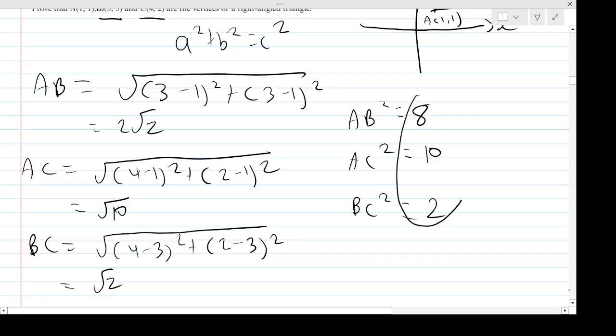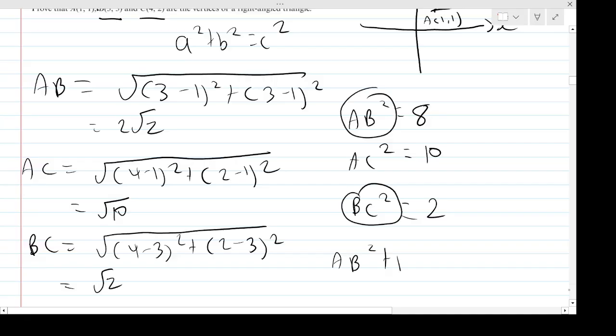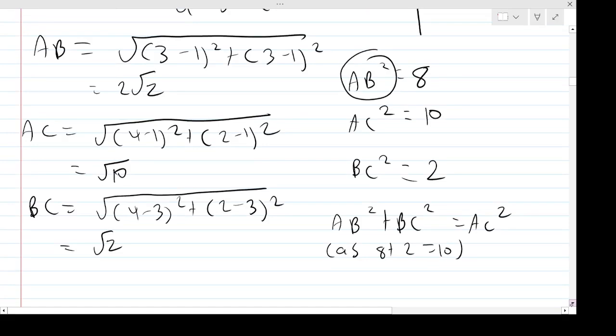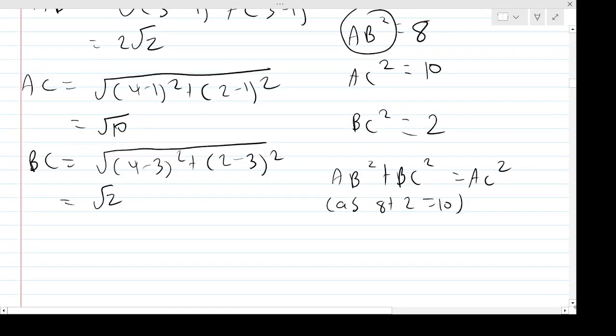Well, then we can see it's true. I can add 8 and 2 and I get 10. So AB squared plus BC squared equals AC squared. Cool. 8 add 2 indeed gets us 10. So there we are, that's Pythagoras theorem: two sides squared added gets me the other side squared. Anyway, so therefore, Pythagoras theorem applies.